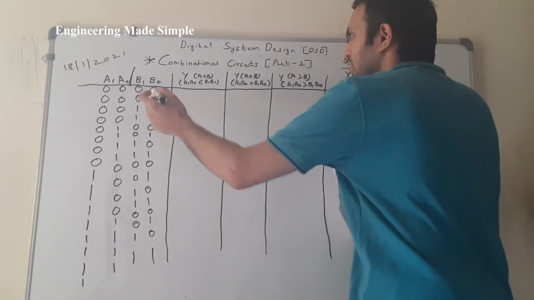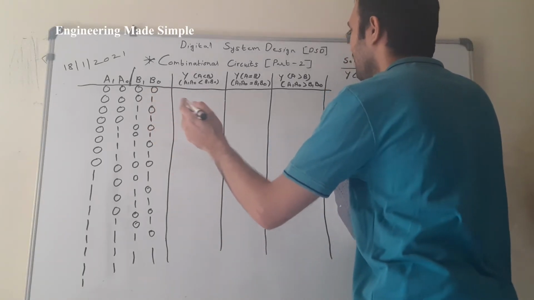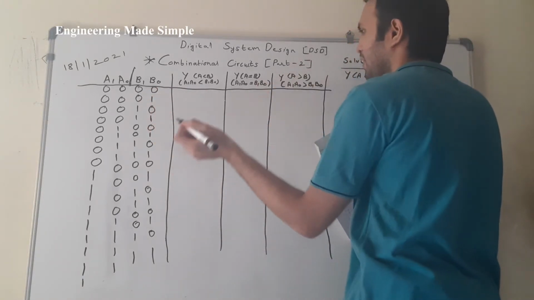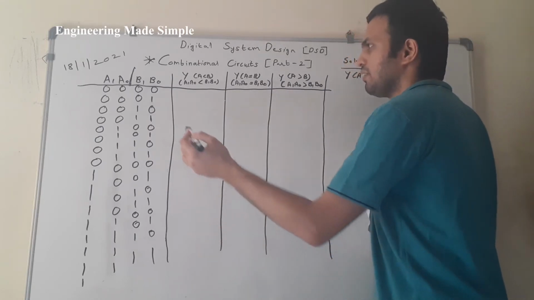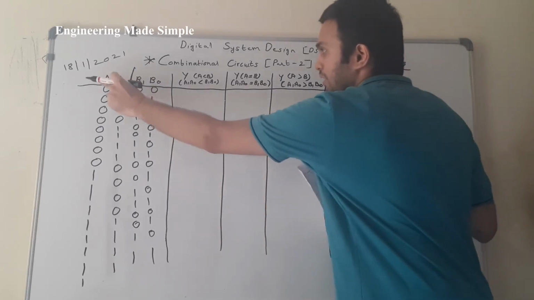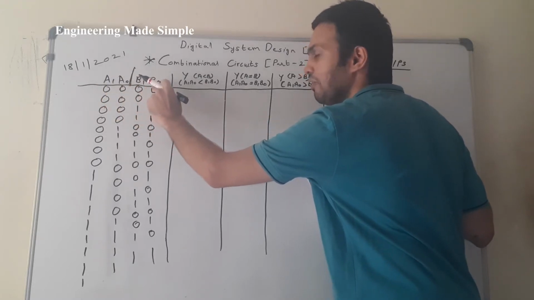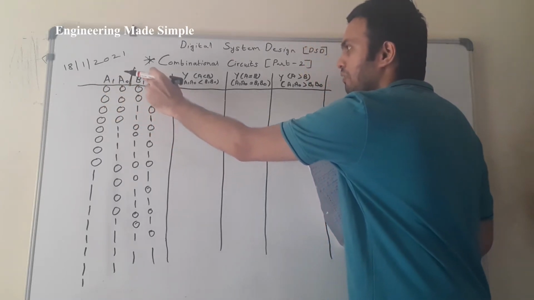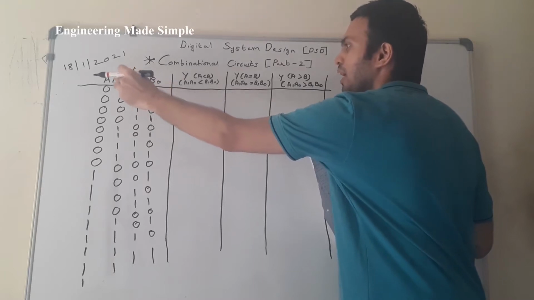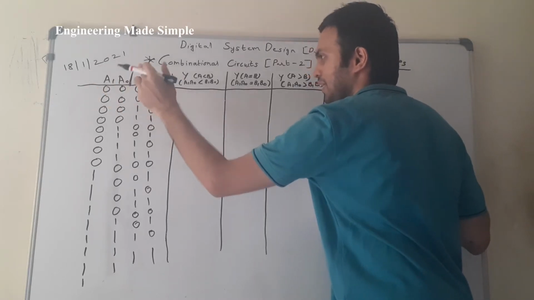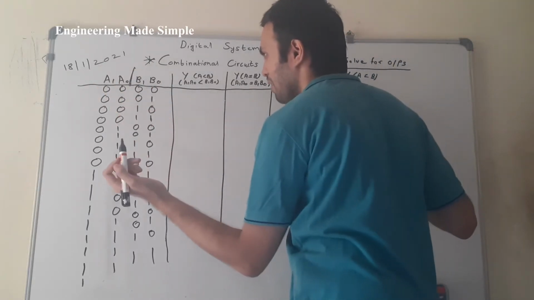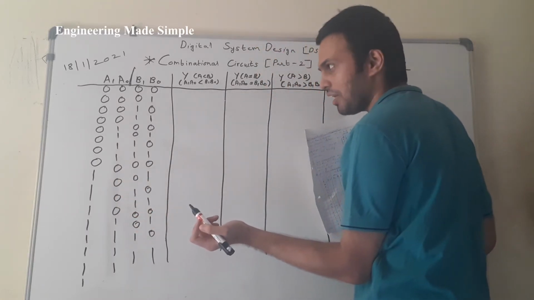Okay, so this is the truth table of the 2-bit magnitude comparator. Each input word is 2 bits long, that's why A1 A0, and the other word is B1 B0. Now we are going to compare these two 2-bit long words. I will show you the first comparison, then you will understand.